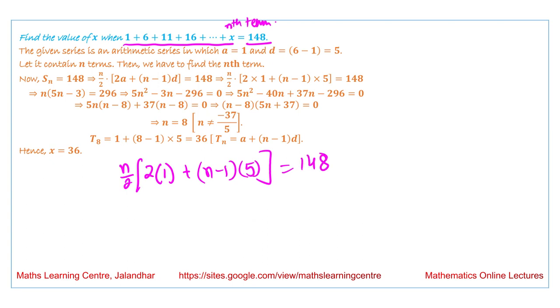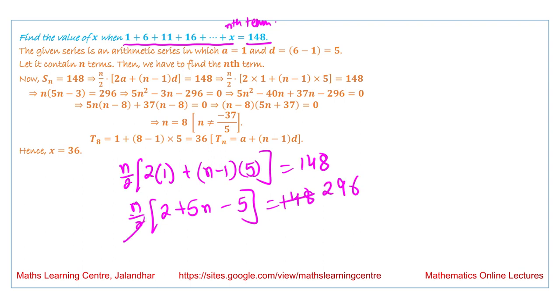Now if we solve this, we obtain n by 2 into (2 plus 5n minus 5) is equal to 148. If we shift this 2 to the other side, this value will become 296, and these two values give minus 3 over here.